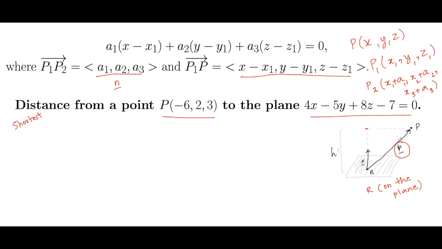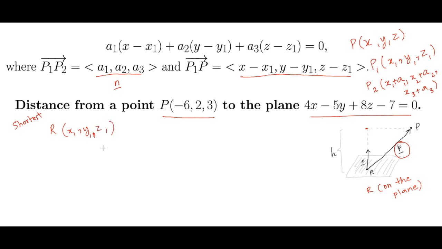So if we take the component of P along the direction of n, and then take the magnitude of that, we will get the distance from a point to the plane. If we do this operation, what is our R? Let's say R is x1 y1 z1.